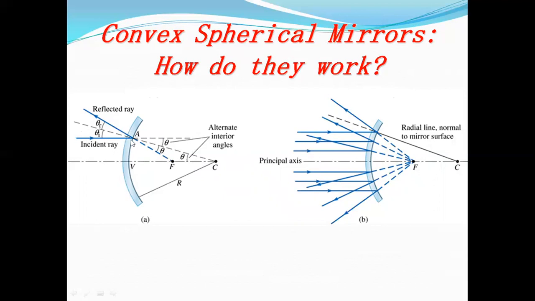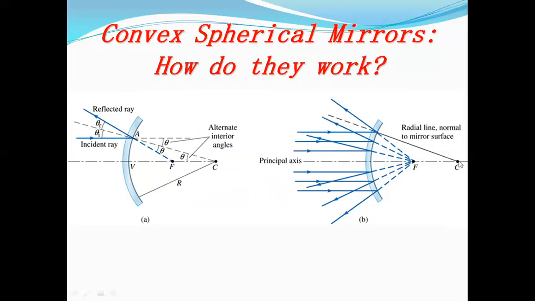It comes to the mirror and bounces back, and the incident angle and reflection angle are also the same. And if the reflected ray is traced back on the principal axis, then it must meet at the focal point. And if it is parallel, it always meets at the focal point.